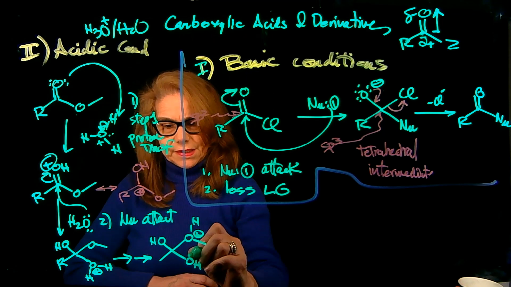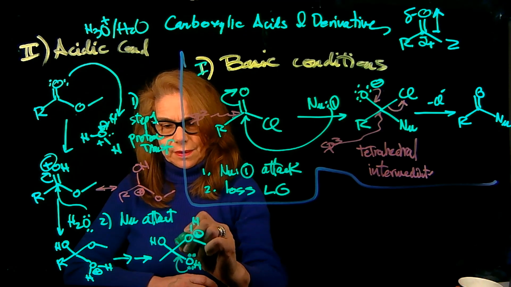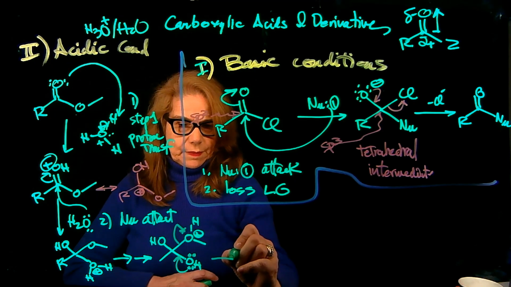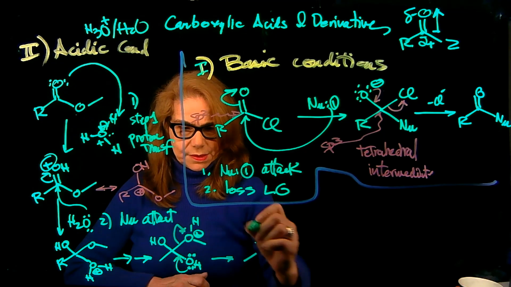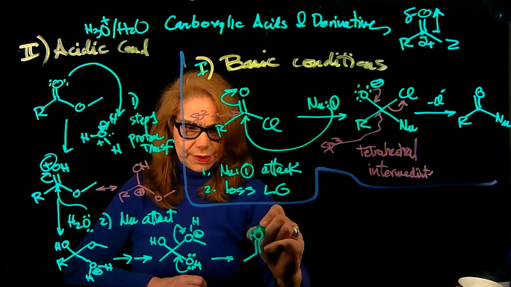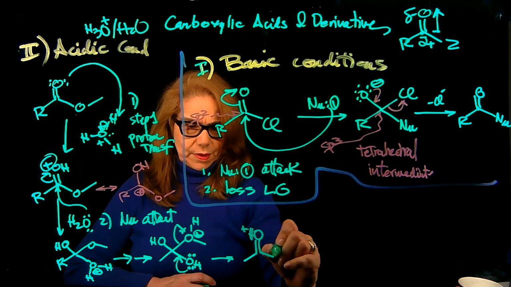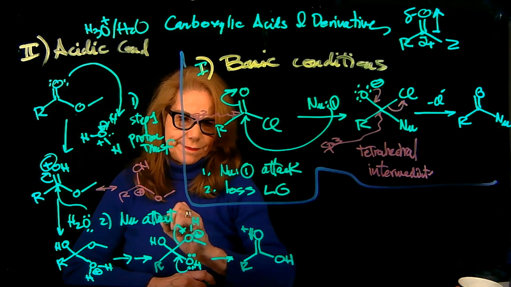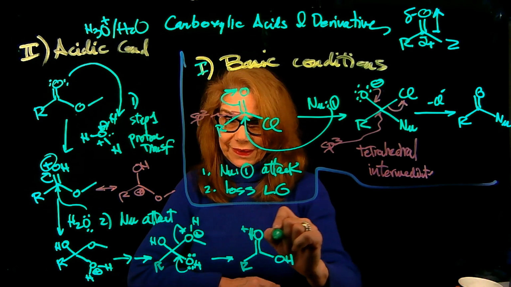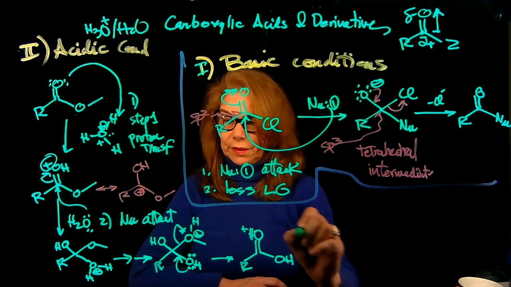The next thing I'm doing is forming a carbonyl. So now this is the carbonyl, but now it's protonated. I'm going to have OH, and that was OR. So this is almost the carboxylic acid, so my final product.